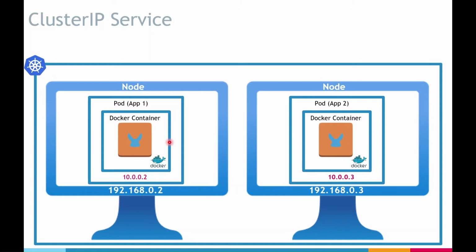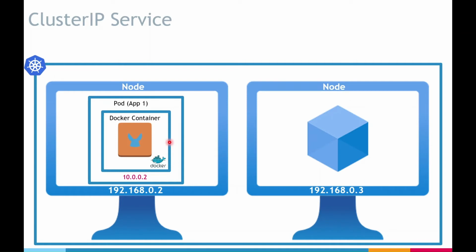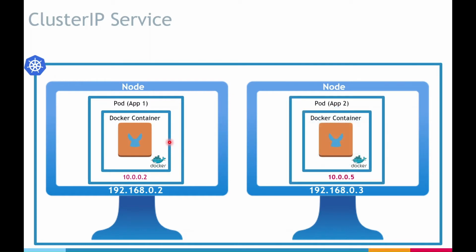But what if the pod crashes? In that case, that pod is gone. So app 2 is not there anymore. But since Kubernetes has the replication controller, it will always try to maintain the desired number of pods for a given application. So it will spin up a new container.